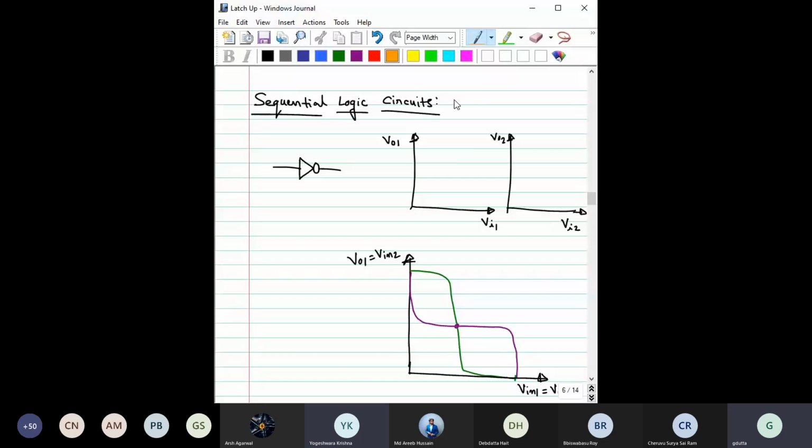So far what we have discussed is mostly towards the understanding or implementation of the combinational circuit by using CMOS.